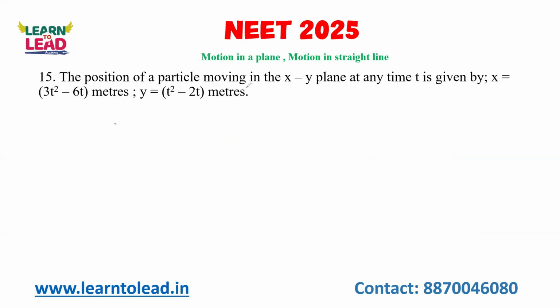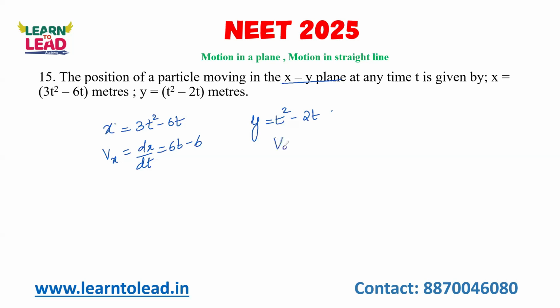Then the position of a particle moving in the xy plane at any time t is given by x is equal to 3t square minus 6t and y is equal to t square minus 2t. If I check the velocity, it's nothing but dx by dt, 6t minus 6.